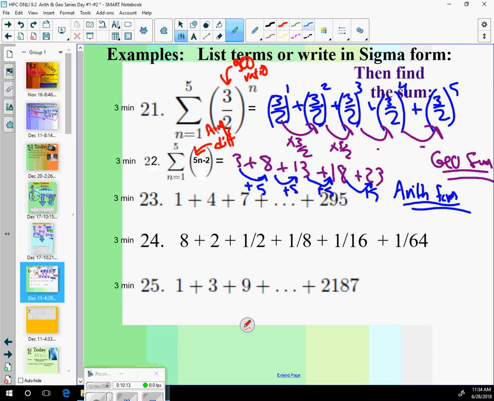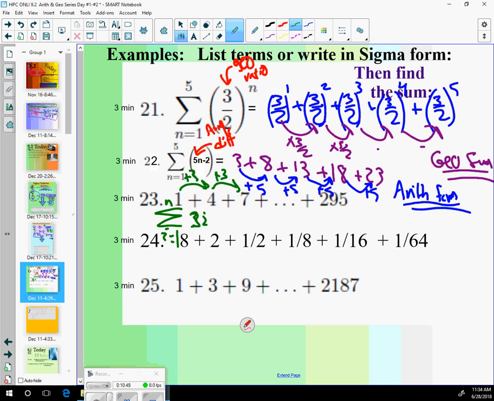So all you need to do for like 23 is start by saying, okay, what do we have going on in each consecutive term? Well, it looks like I'm adding 3. So you know your sigma is going to start out at 1, go to n, and we're going to start with 3 times i, because 3 is the common difference.